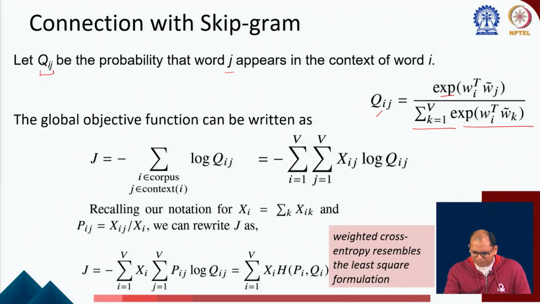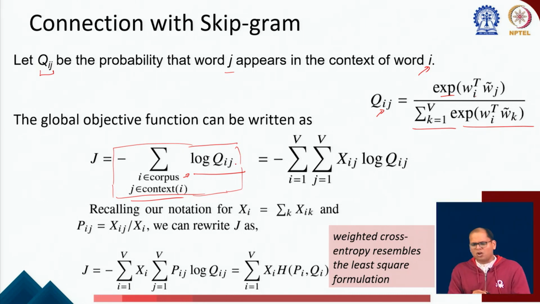For all words in the corpus and all words that occur in its context, you want to minimize this minus log qij. This is the loss function, the minus log of this probability.